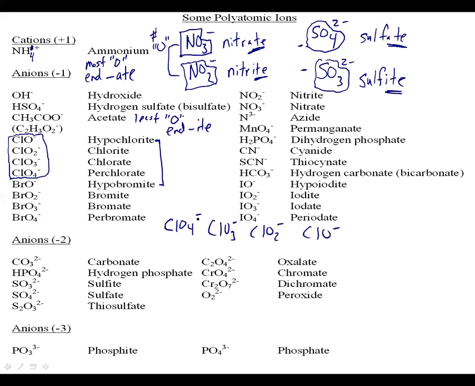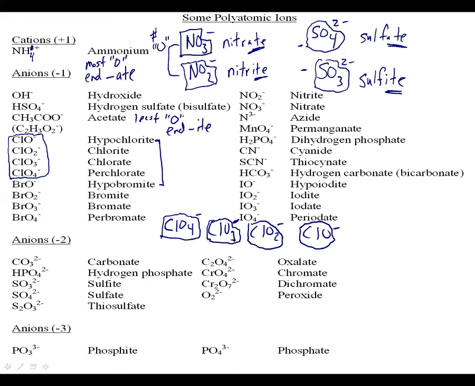Again, all of these are 1 chlorine with 4 oxygens, 1 chlorine with 3 oxygens, 1 chlorine with 2 oxygens, and 1 chlorine with 1 oxygen. They all have the same charge. All of them are -1. The only difference is the number of oxygens.